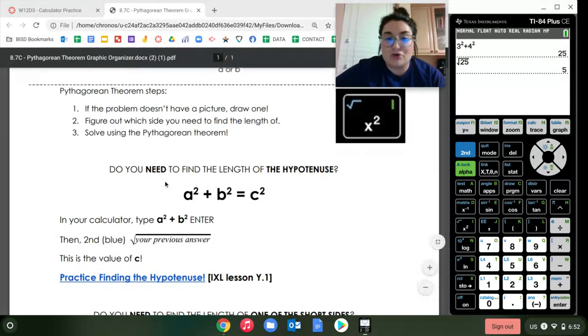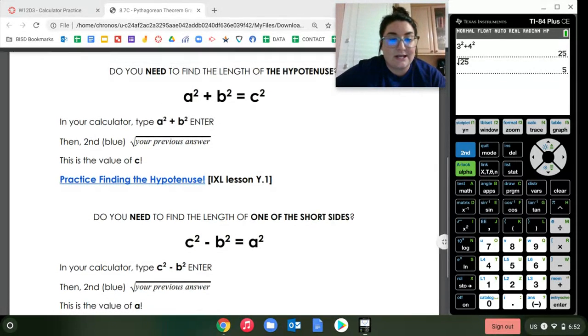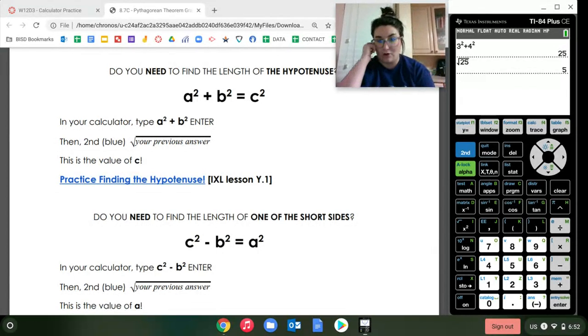So what you're going to do in class or online, if you're online, you have this pulled up, you can just click the link. If you're in class, you're going to go to IXL, log in with your new login information that's on Canvas, and you can just search up y.1 if you want to do that.